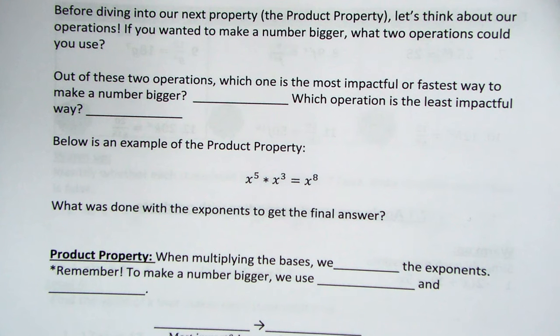Now, before we get into this property, let's think about the 4 operations that we have. That's addition, subtraction, multiplication, and division. And if you wanted to make a number bigger, the 2 operations that you would use would be multiplication and addition.